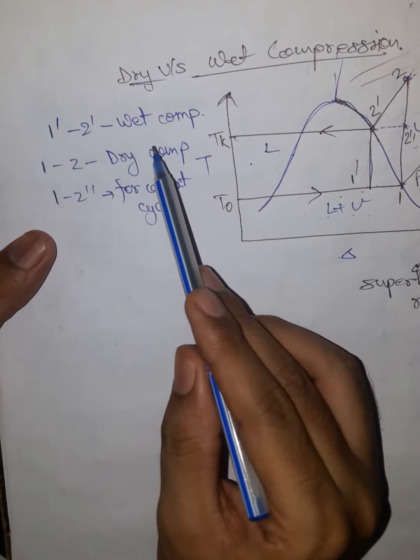If we are compressing using the reciprocating compressor, the liquid refrigerant may be trapped in the head of the cylinder, and that may also damage the compressor valves and the cylinder itself.